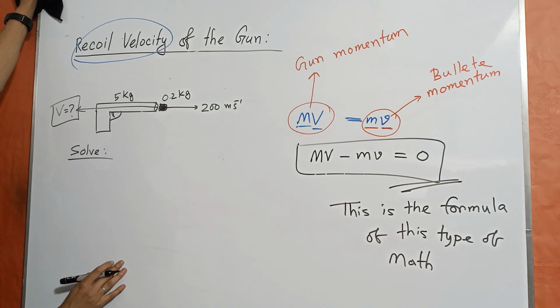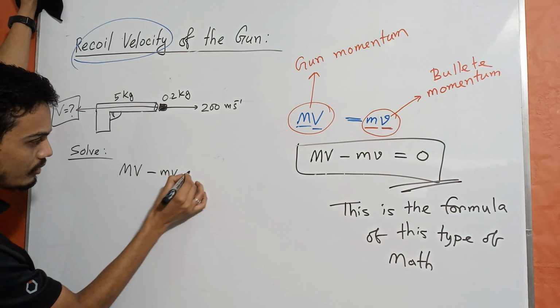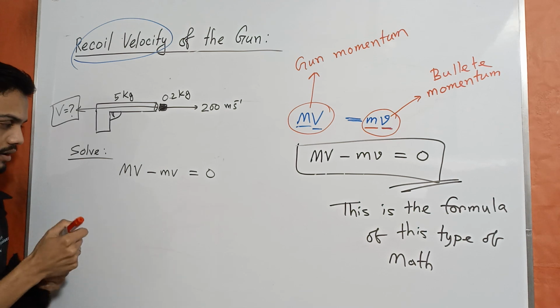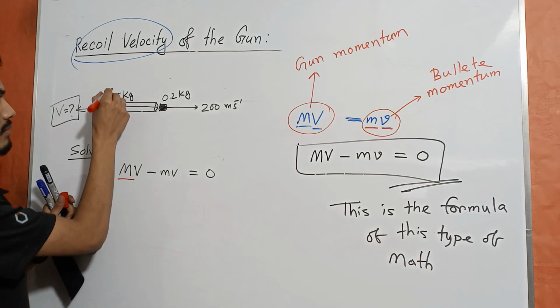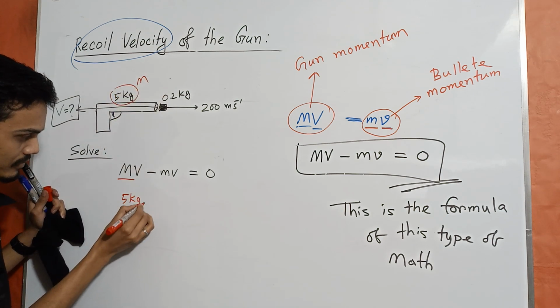Okay, let's start. We know the formula MV minus mv equals 0. Here capital M, the gun mass, is 5 kg.